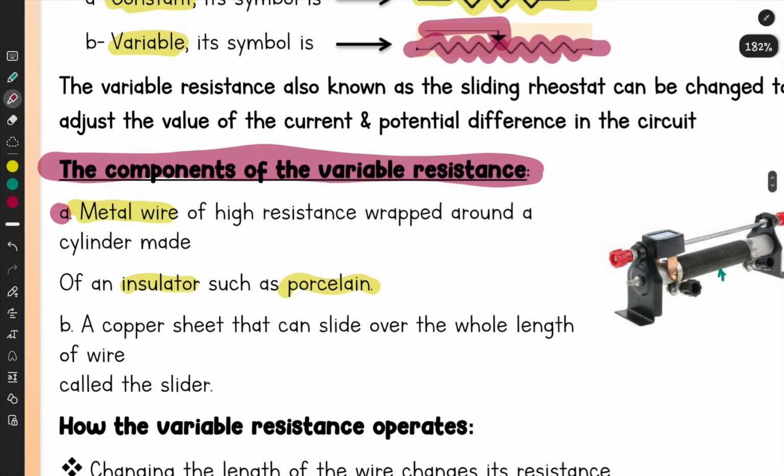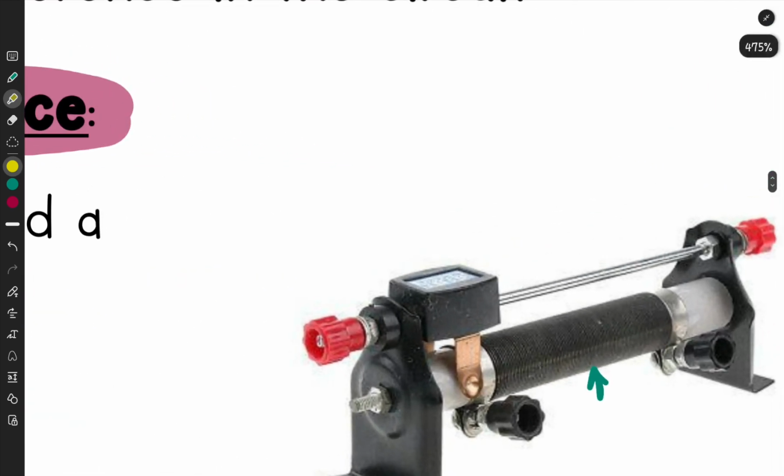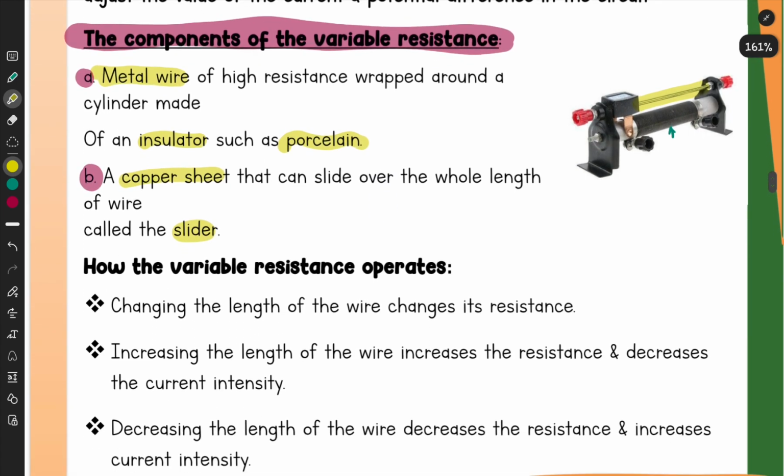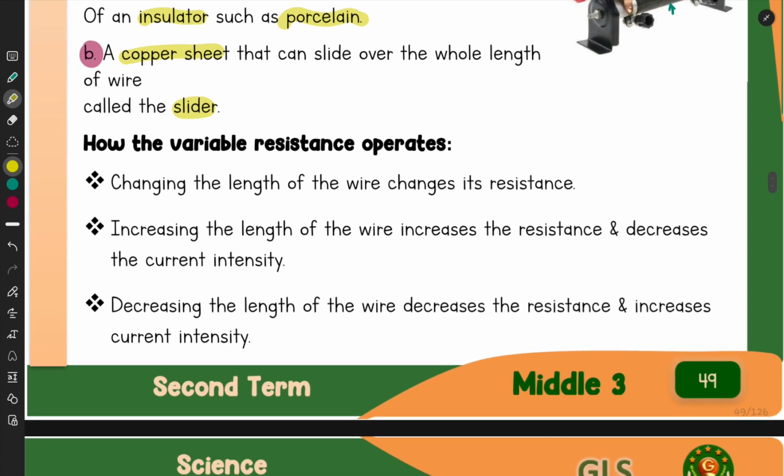Letter B is a copper sheet that can slide over the whole length of the wire, called the slider. How does the variable resistance work? Number one, changing the length of the wire changes the resistance.